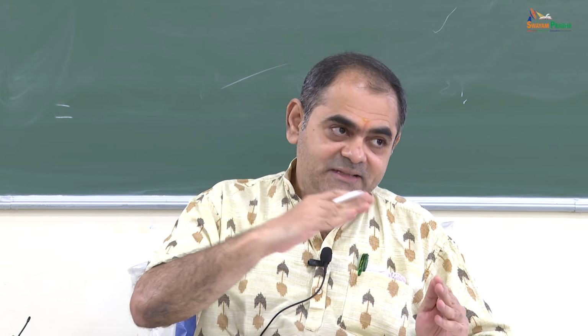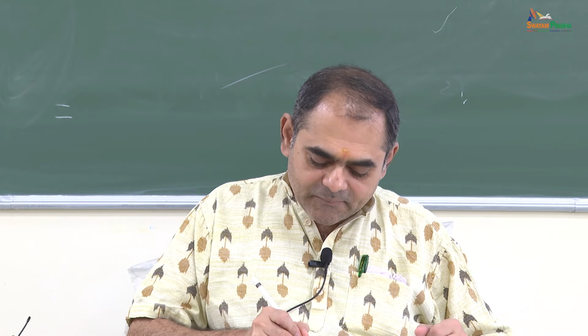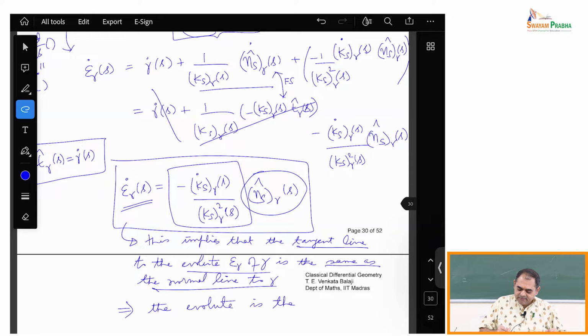You take the family of normals to the original curve, they become the family of tangent lines to the evolute, and for that family of tangent lines, the envelope is the evolute itself. All right, so this implies that the evolute is the envelope of normals to the original curve.